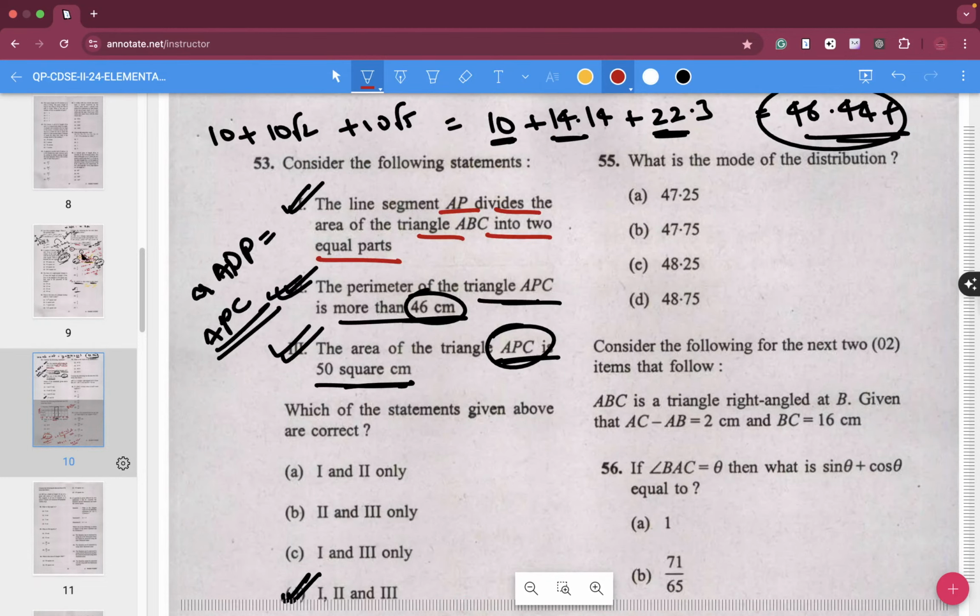Now over here, in question number 55, they are asking what is the mode. The mode is given as the lower limit of the modal class plus f1 minus f0, divided by 2 times f1 minus f0 minus f2, into the size of the class.